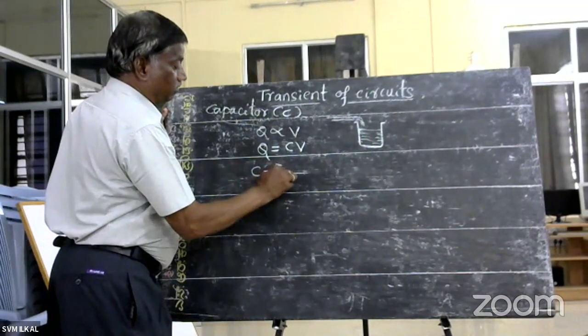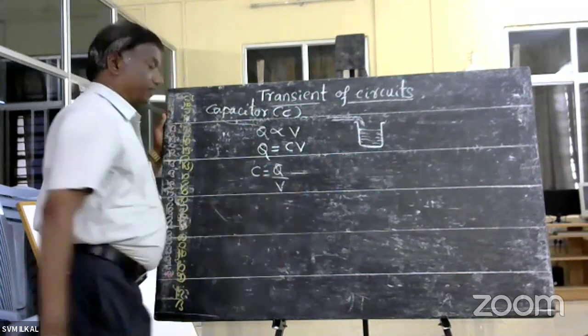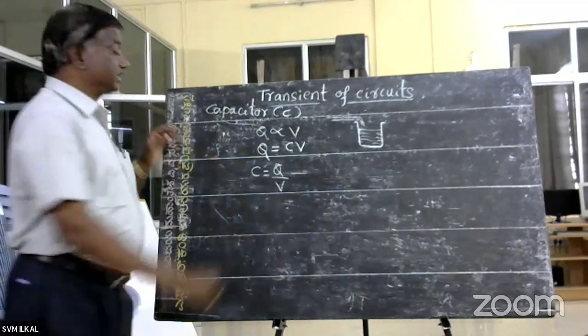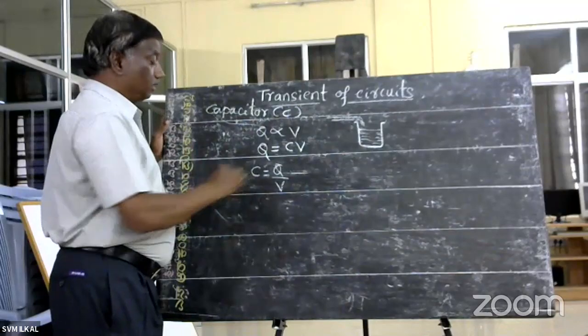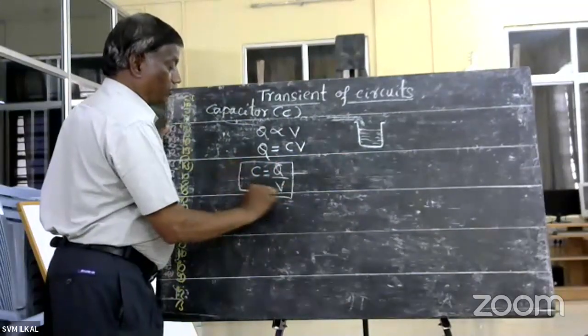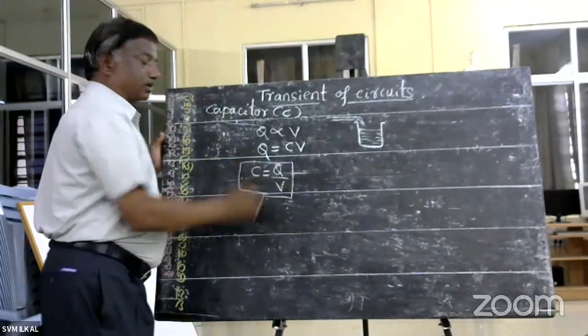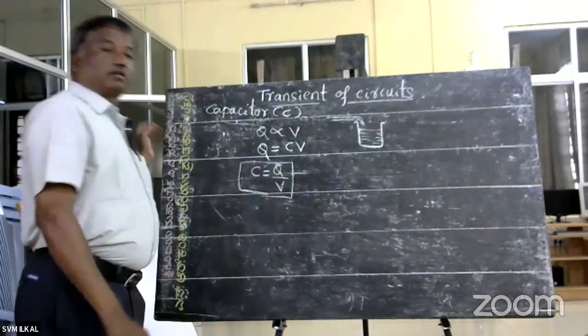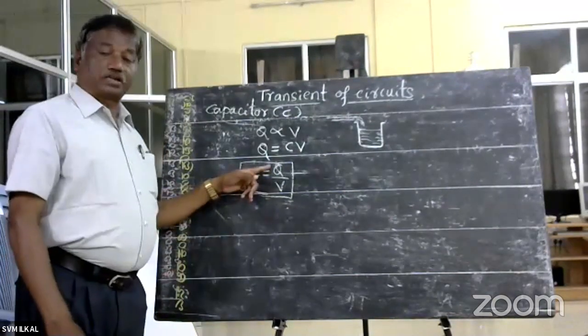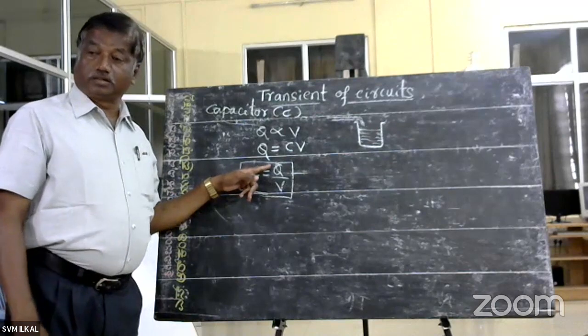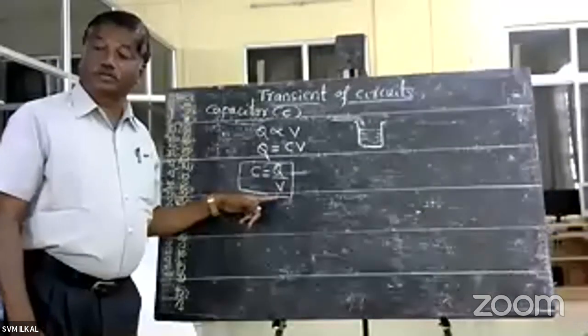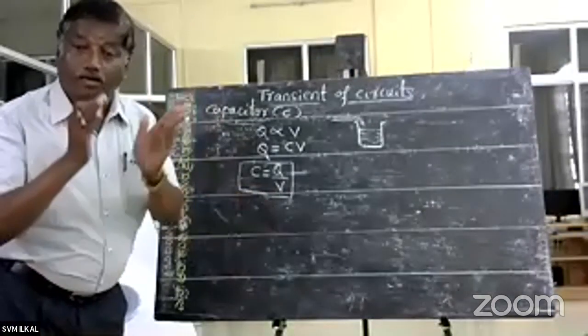That C is always measured by Q by V. This is a statement, very important terms. C equal to Q by V means the capacity of the conductor or capacitor is measured by the ratio of the charge acquired to the potential difference maintained across the capacitor.